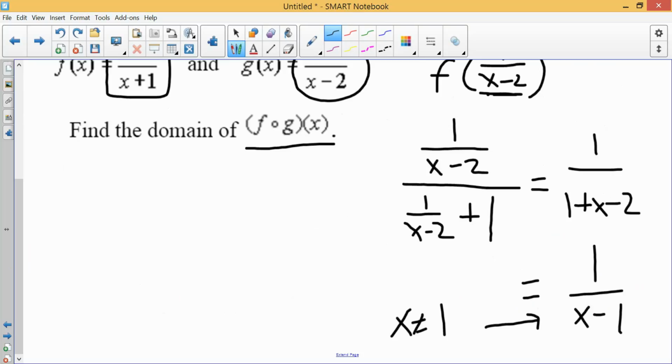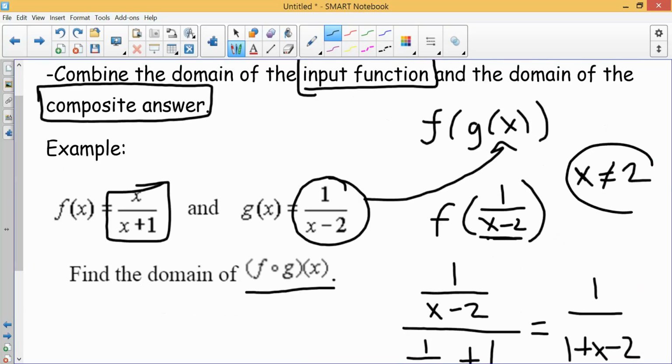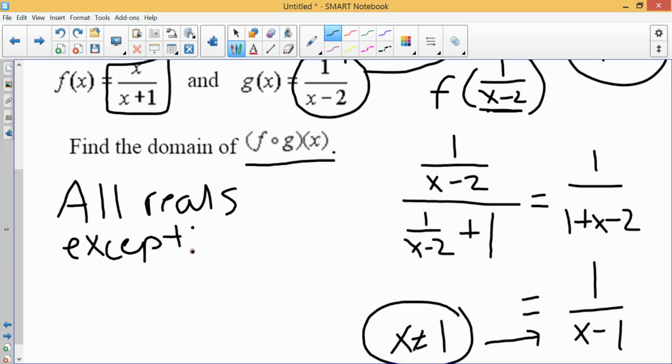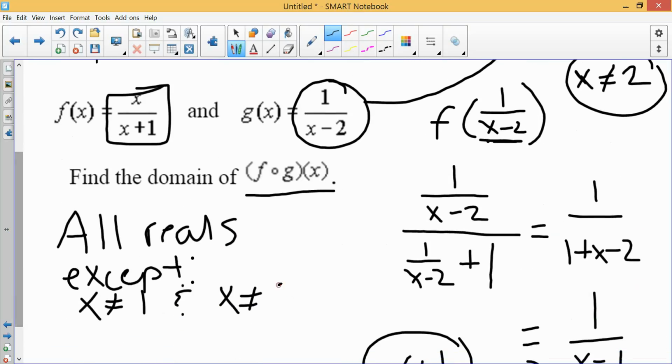So when I combine my domain of x cannot equal 1 and x cannot equal 2, I could say something like all reals except x cannot equal 1 and x cannot equal 2.